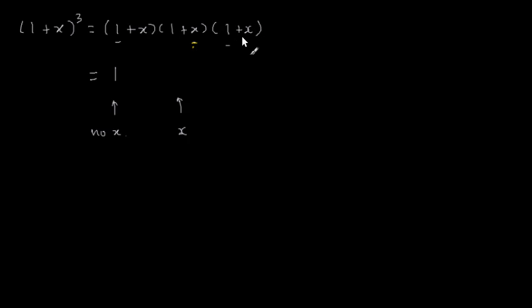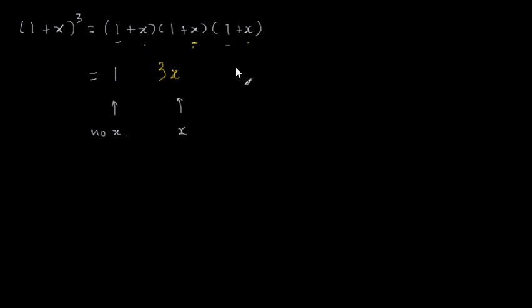Or I can also pick the x from here and not pick the x from there. So I can pick the x from either there, there, or there. Without having to think about the combination with the ones, I can just think about the x. So obviously there are three ways I can pick the x, either from this bracket, or this bracket, or this bracket. Therefore, for the term containing x, there would be three of these terms.